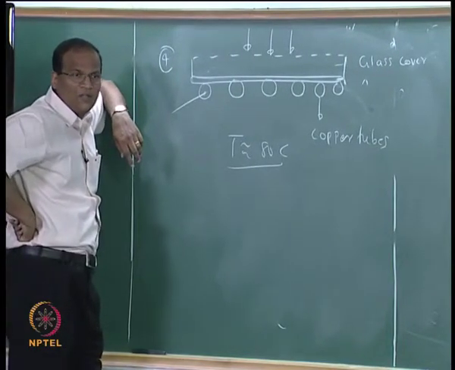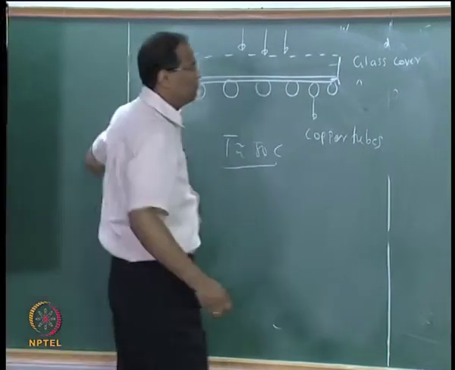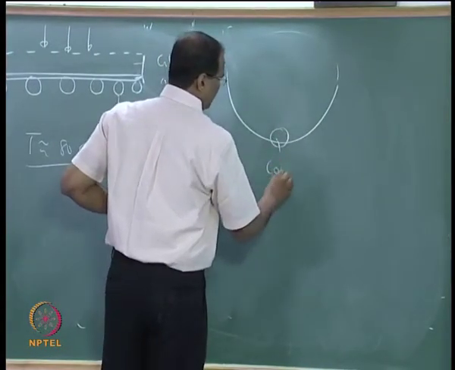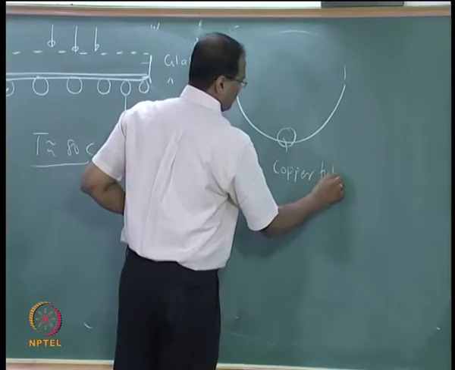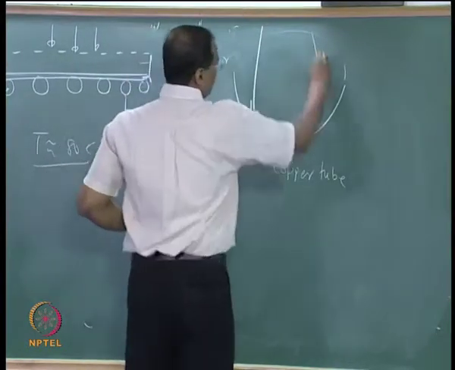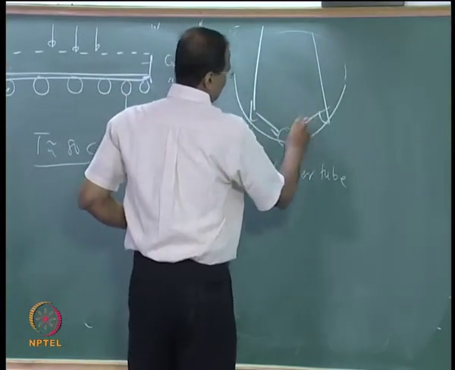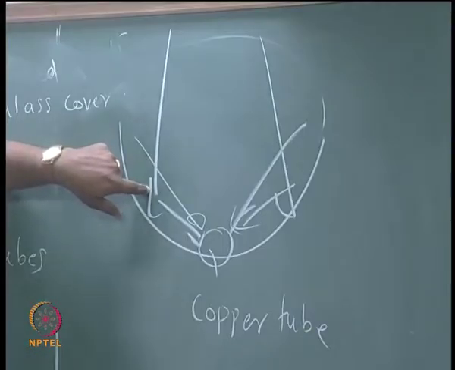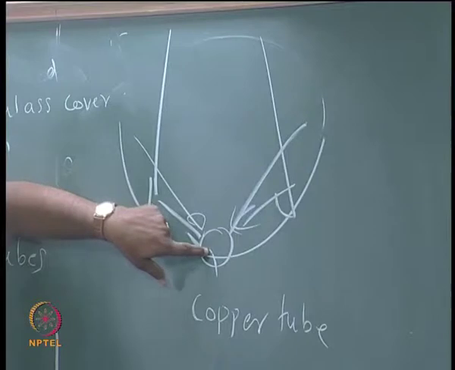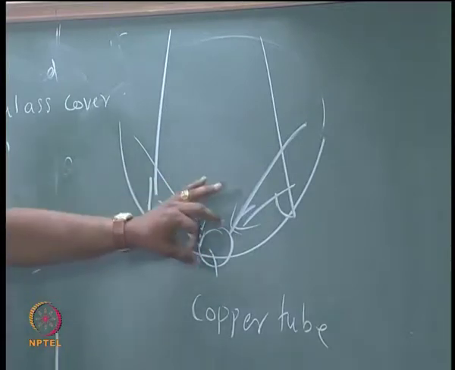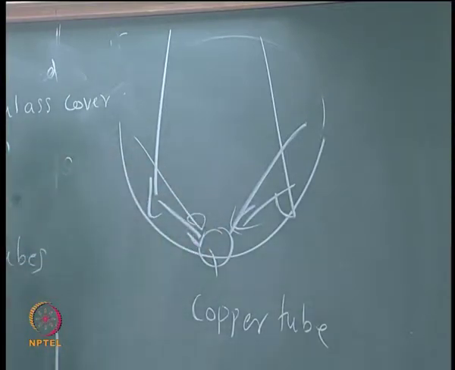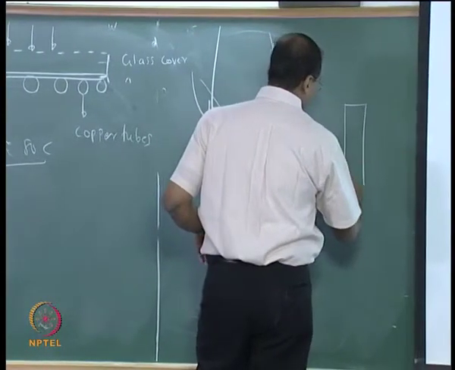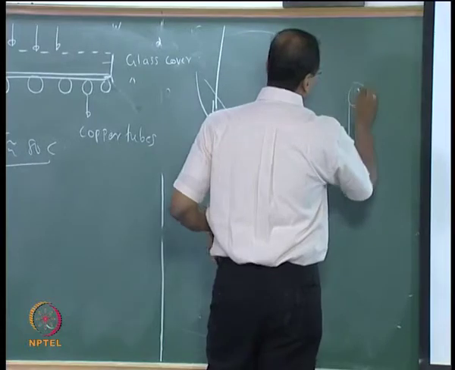If they want more, then probably they will have to do something like this. They will have a concentrator, and then this temperature will go up. This is basically called a line focus. If you want to improve further, you will have something here.